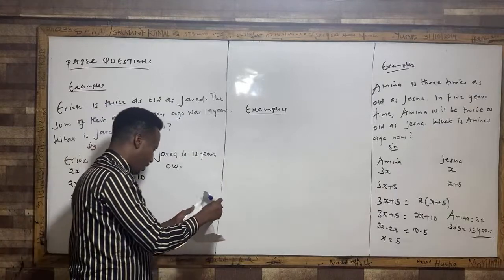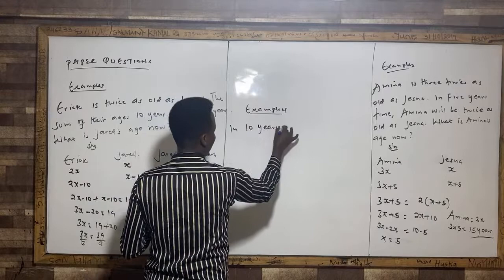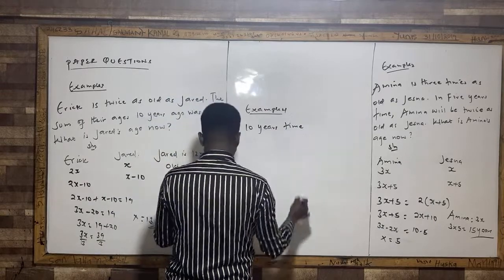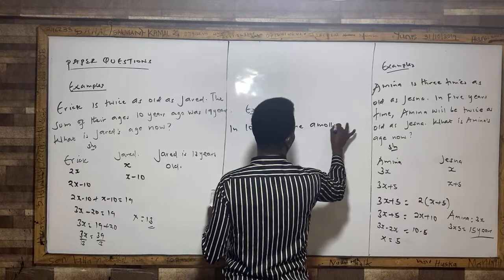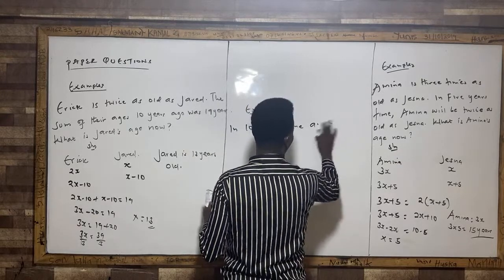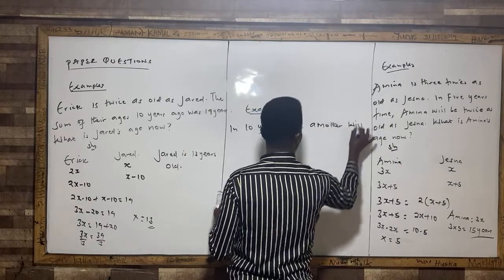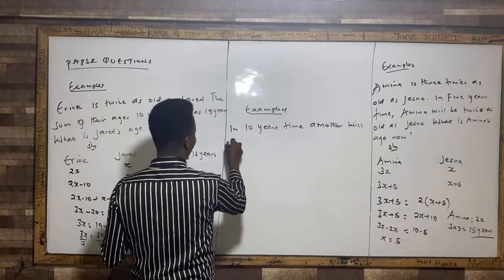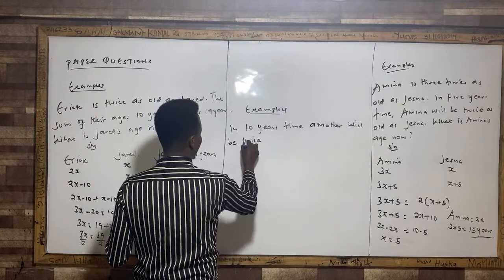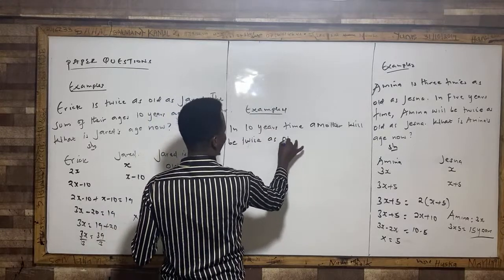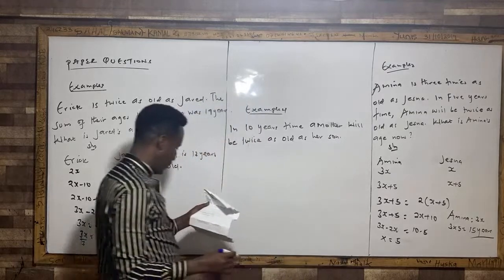So you're told, in 10 years' time, a mother will be twice as old as her son. Full stop.